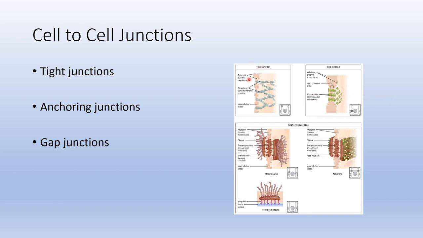Tight junctions are holding the cells very tightly together, essentially making it almost like a waterproof seal. And then the anchoring junctions, they're often described as being almost like rivets that help to hold adjacent cells tightly together.